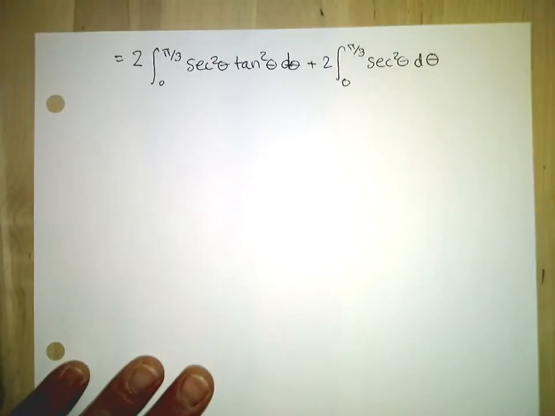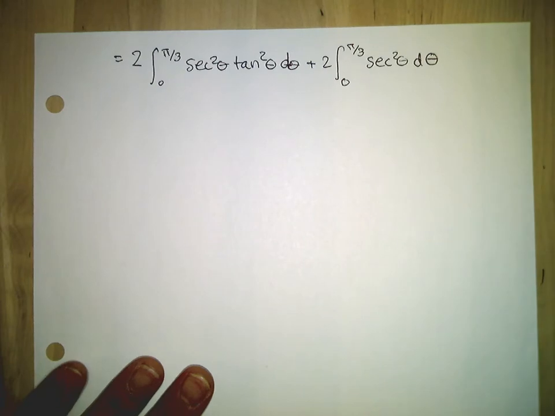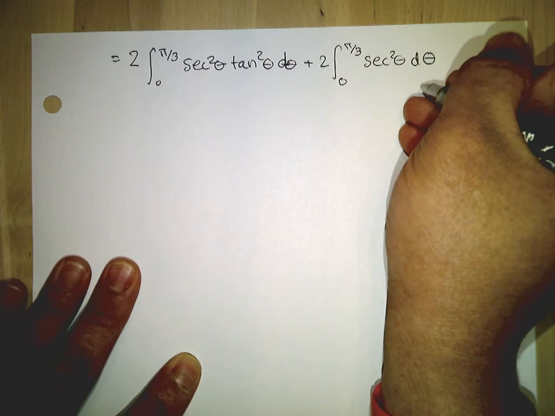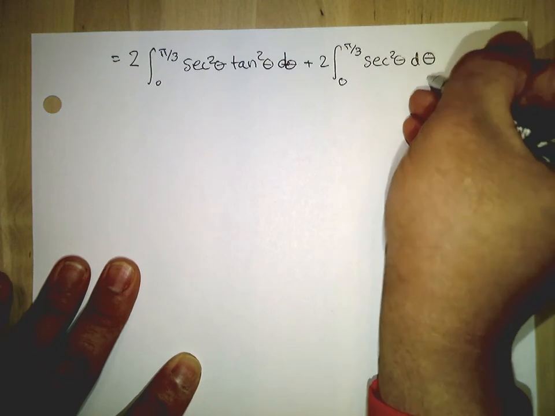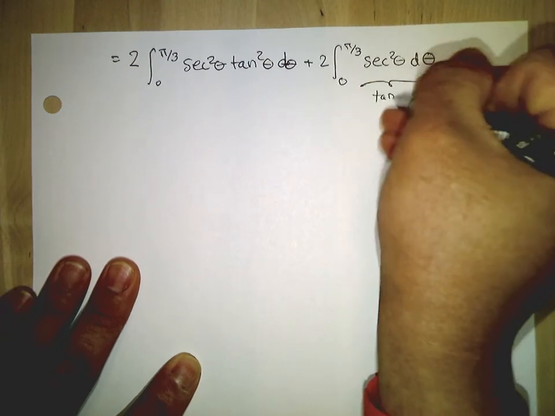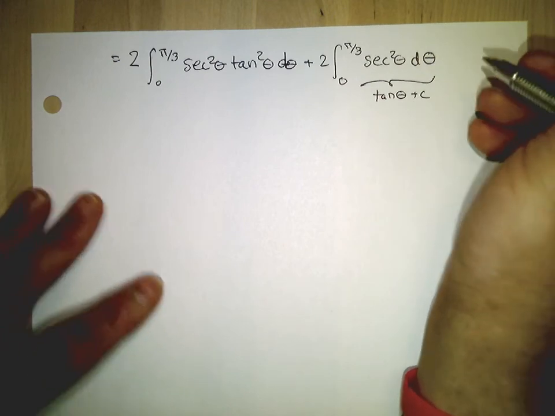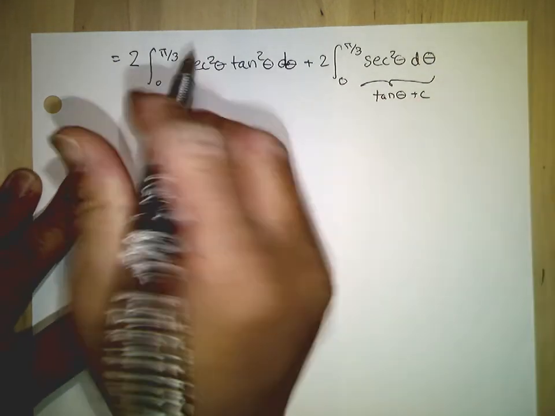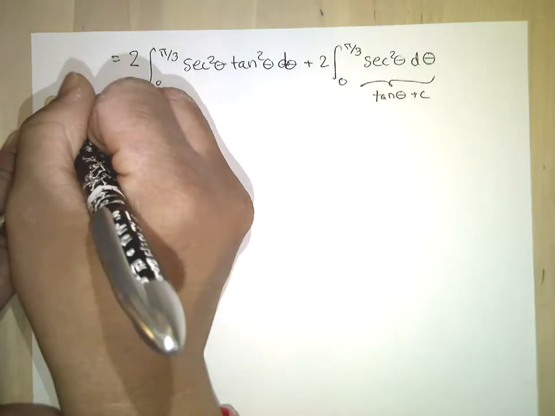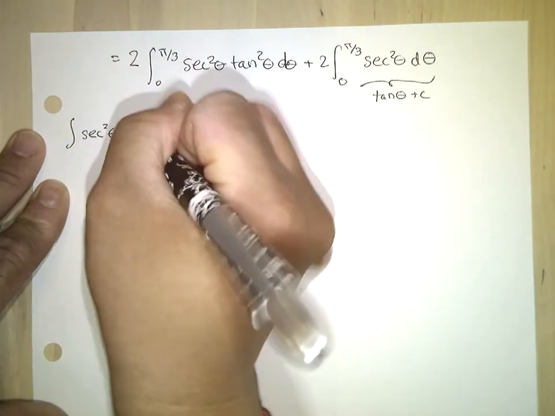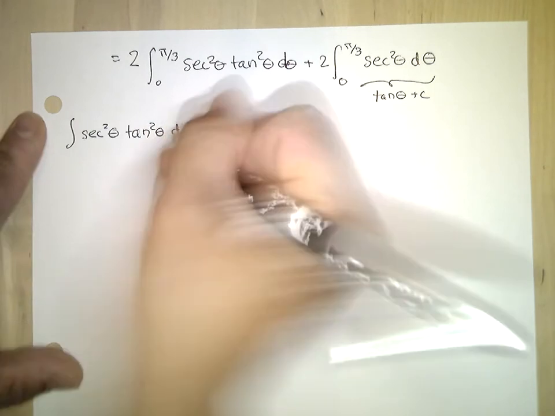Now, the integral on the right here is the easier one to do because this is just the tangent of theta plus c. All right, now let's do this integral over here. The integral of secant squared theta tangent squared theta d theta.